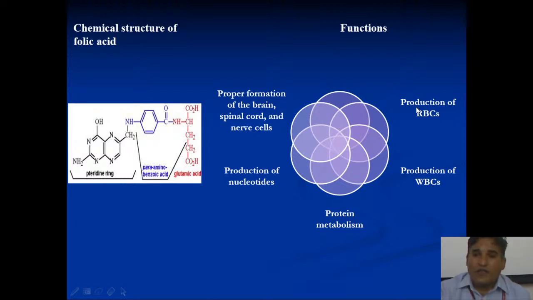Normal functions: production of RBC, production of WBC, protein metabolism, production of nucleotides, and proper formation and development of the central nervous system.